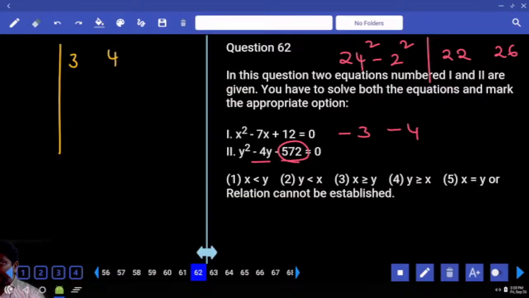Sum must be equal to minus 4. So combination is plus 22 minus 26. Product is negative. Sum is minus 4. Then factors are minus 22 plus 26. 3 lies in between both. Lies in between condition. No relation.